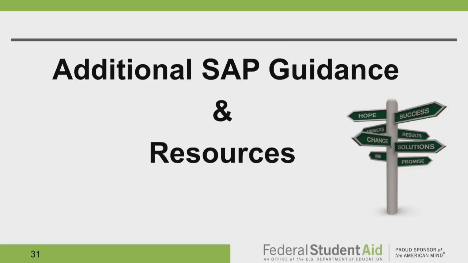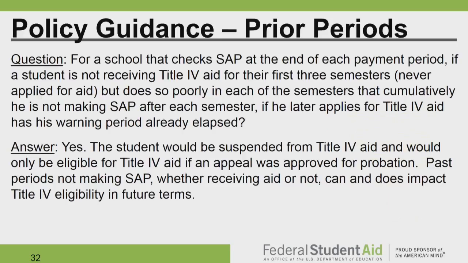And then finally, we just have a few slides addressing a few other policy guidance that has occurred that has not yet made it into the formal Q&A website, but we often get questions, especially myself as a training officer, so I just wanted to point out a few hot areas.